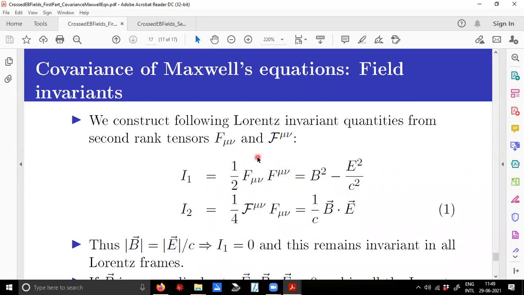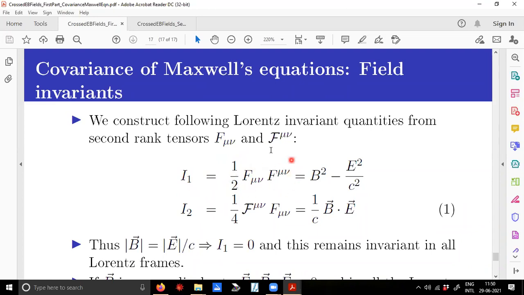Tensors are a mathematical branch where you learn that contracting kills the indices. Both mu and nu are killed here because you have the inner product of mu with mu, nu with nu. Such a quantity I call an invariant.